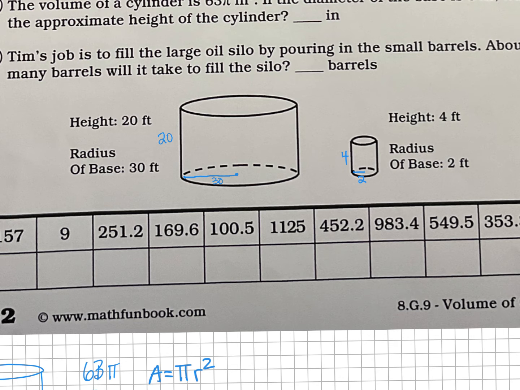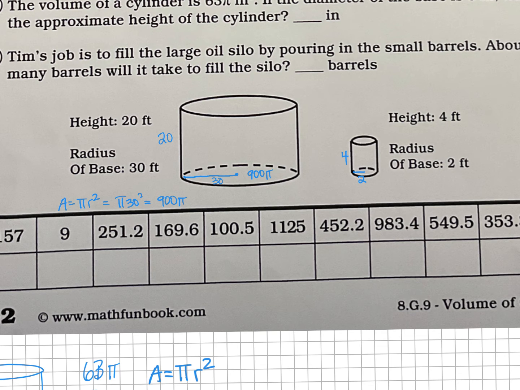Okay, so if I'm going to find the area of the circle on the bottom for the big one, the area is pi r squared, which is pi times 30 squared, which is 900 pi. So this bottom circle has an area of 900 pi.